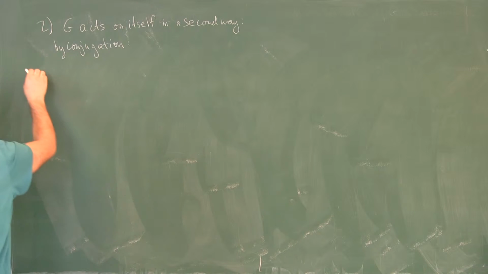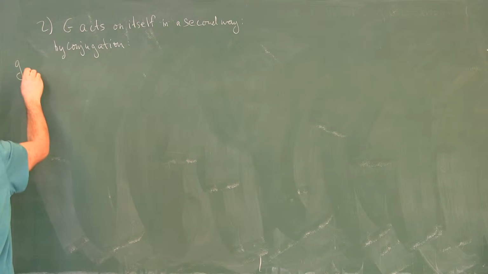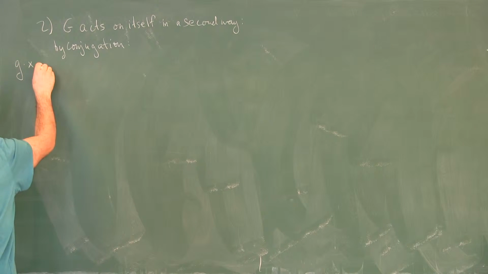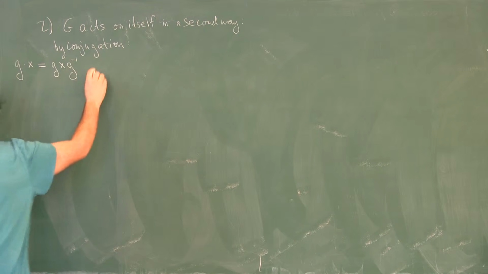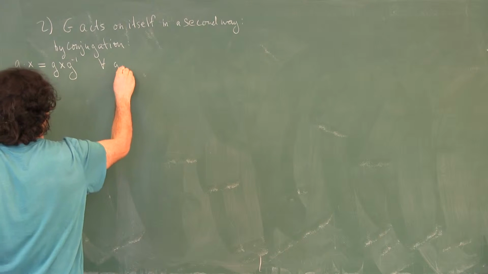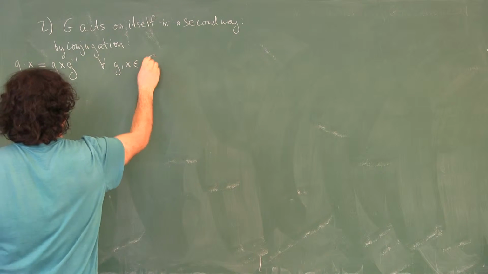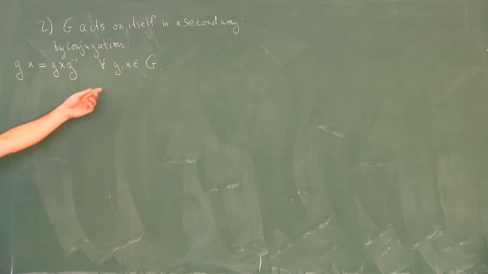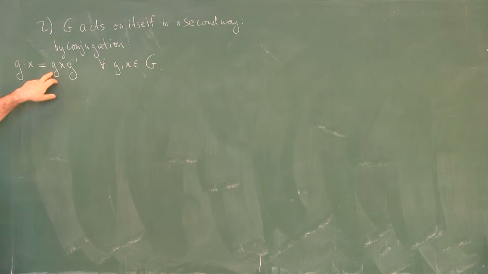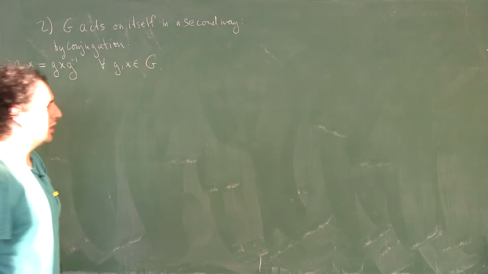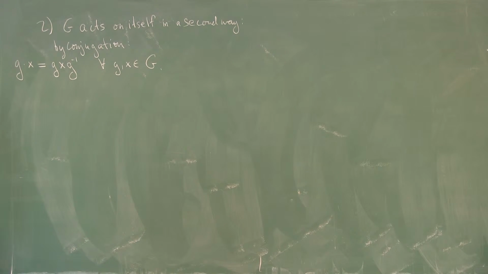What does this mean? This means that g dot x is equal to gxg inverse for all g and x in G. Here both g and x are elements of G, but I'm thinking of g as an element of the group and x as an element of G thought of as the set on which G is acting.